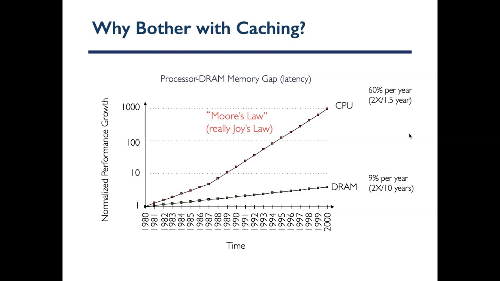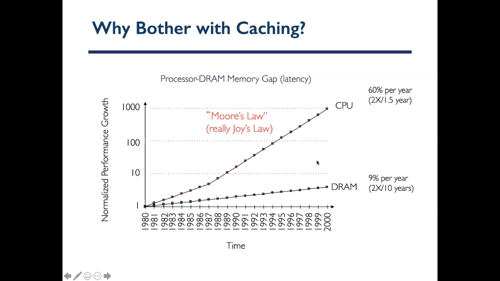You can see there are orders of magnitude difference between how fast a CPU is and how fast our DRAM technology is. The thing about it is that our CPU clocks are so fast that if your instructions need to go to memory, you will have a really huge gap here.